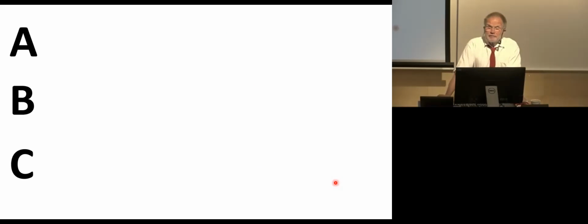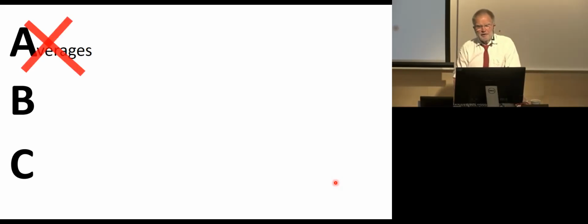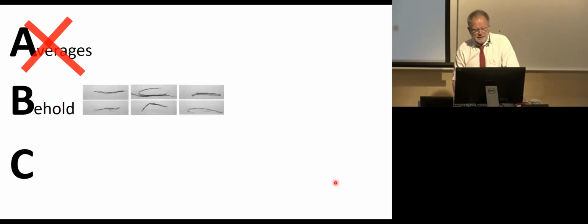To summarize, ABC, what have we learned? We have learned that there are no good averages. B, we must look at the data. We must look at the material, taking photos and looking at it, as Forgacs also did when he developed his system.